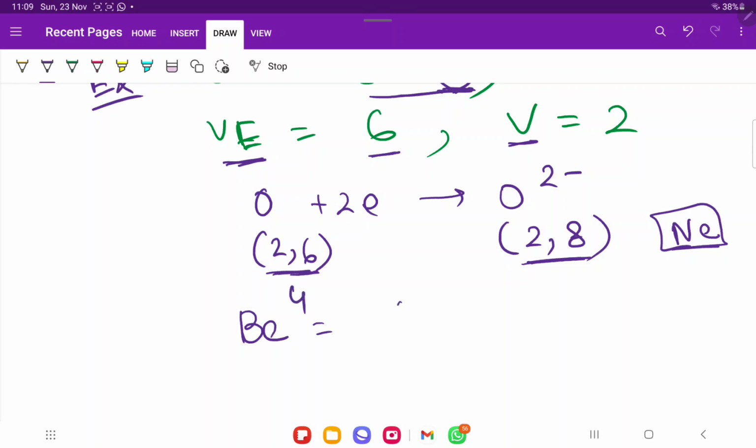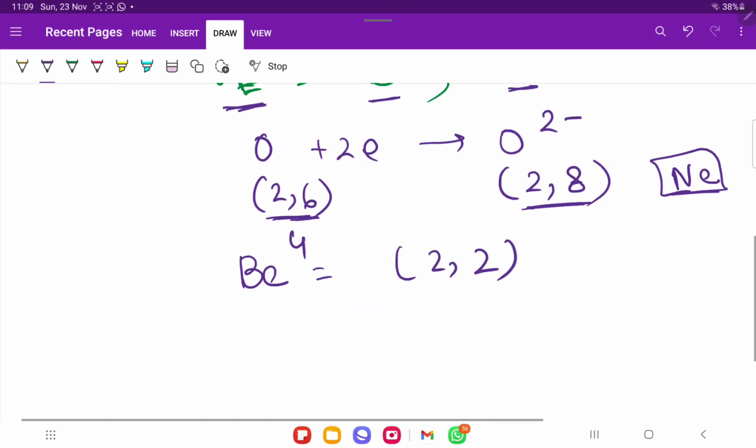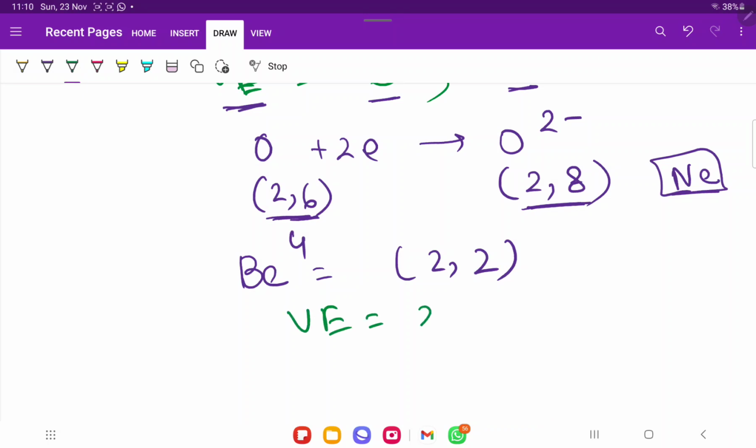So the configuration is 2 and 2. The valence electron will be 2 only, and the valency also will be 2, right? Because if it donates 2 electrons, it can get the inert gas like configuration, which is like helium.